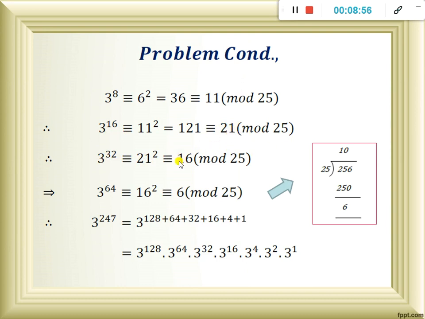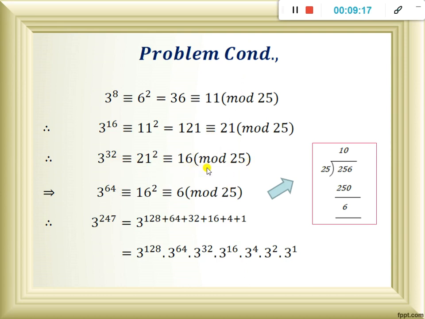21 into 21 gives a huge number. Therefore here I am subtracting. So 21 minus 25 is what? Minus 4. While I am squaring that minus 4, getting what? Plus 16. Therefore 3 power 32 is congruent to 16 mod 25, right?